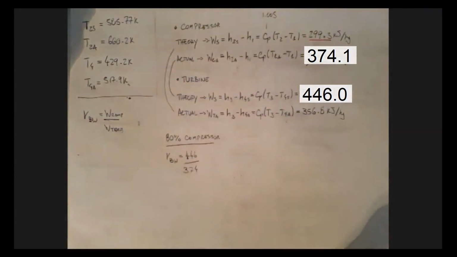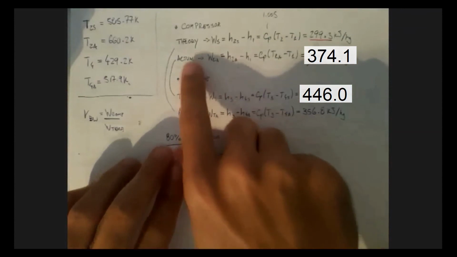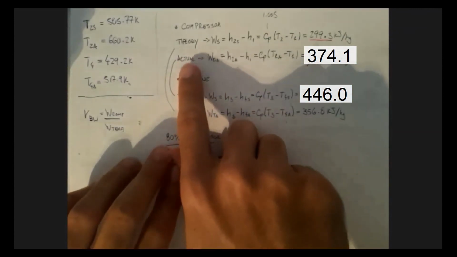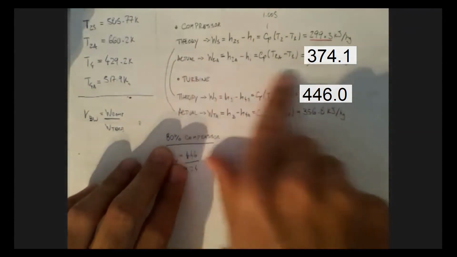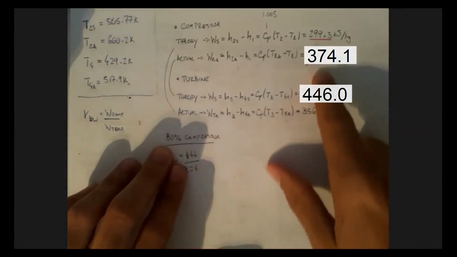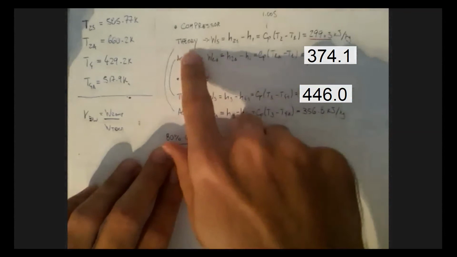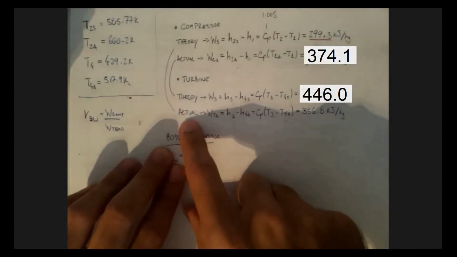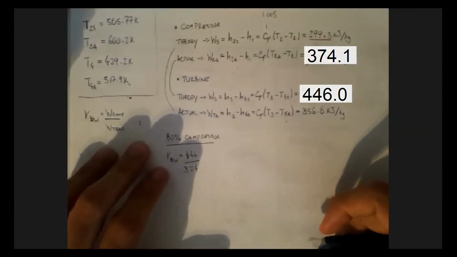We're trying to compare one situation in which we have a compressor that works at 80%, which is this one here, and an ideal turbine, against one that has an ideal compressor and an actual turbine. Yeah, so it's the compressor over the turbine.